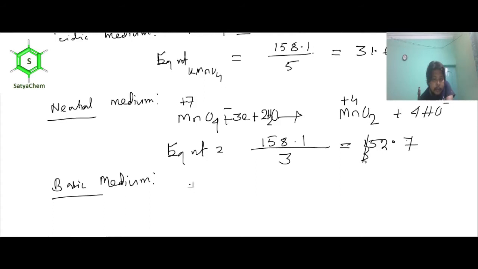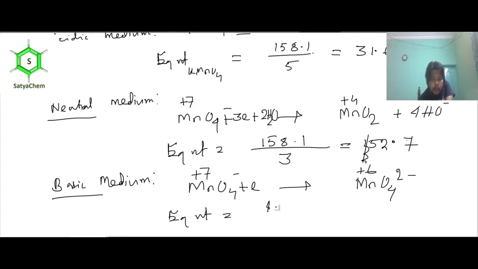In basic medium, MnO4 minus gets converted into MnO4 2 minus. So here plus 7, here it is plus 6. So 1 electron is taken up by MnO4 minus. So the equivalent weight will be 158.1 divided by 1. So it becomes 158.1.